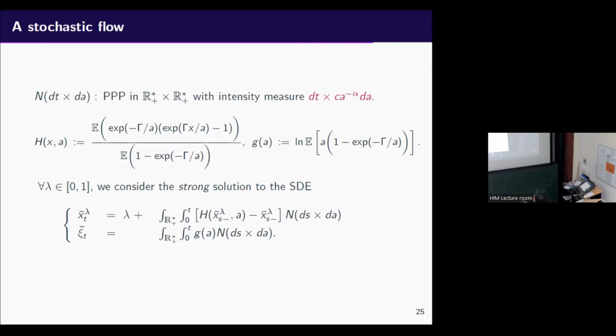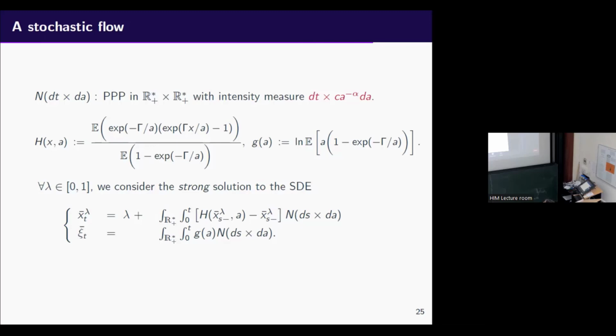So if we define these two functions like this, then our process, our x_t of lambda, is the strong solution to this SDE. So then you can define a stochastic flow indexed by lambda. Basically, the generating function of the asymptotic frequencies satisfies this SDE. It jumps at some times, and it does this type of jumps.